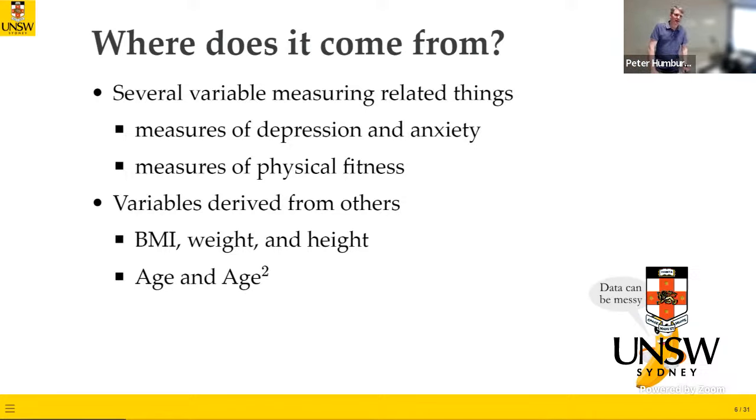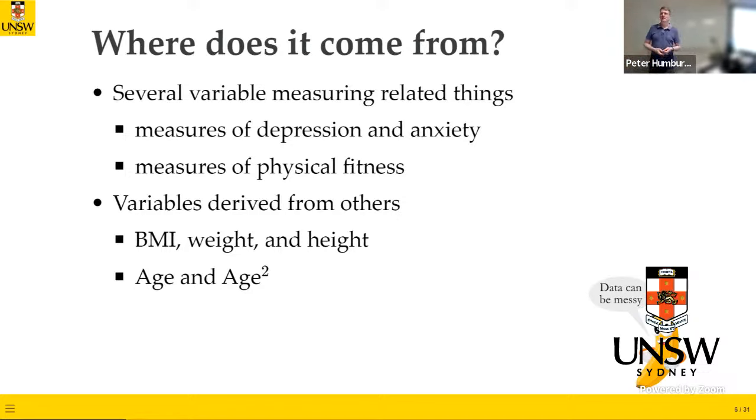And I think it's useful to think of this as there being two types of sources of multicollinearity. You can have multicollinearity that occurs naturally, if you like, right? So you might have a number of variables that measure related things.